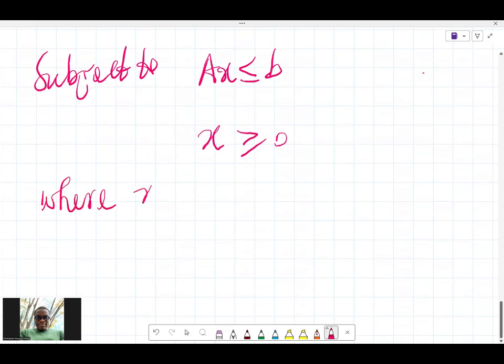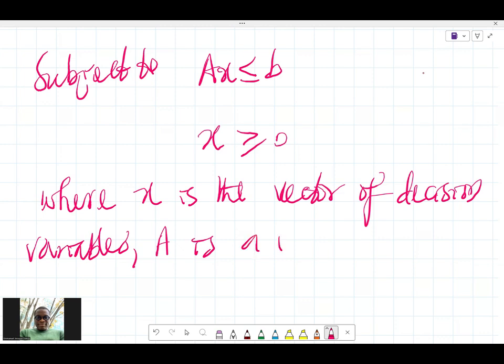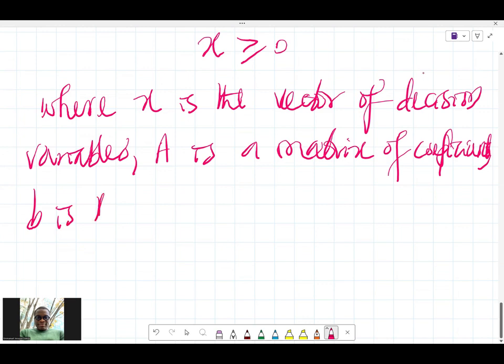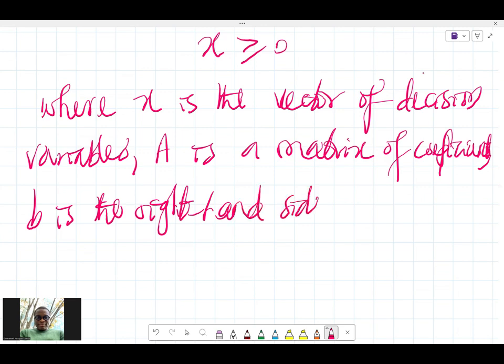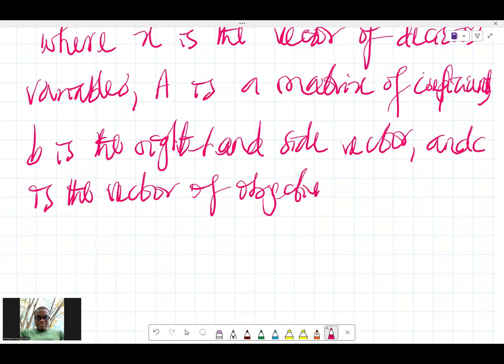So where x is the vector of decision variables, A is a matrix of coefficients, b is the right-hand side vector, and c is the vector of objective coefficients.